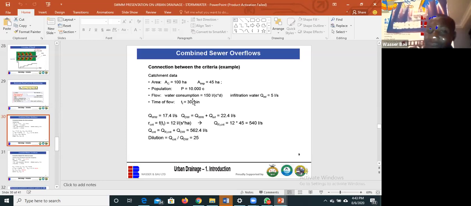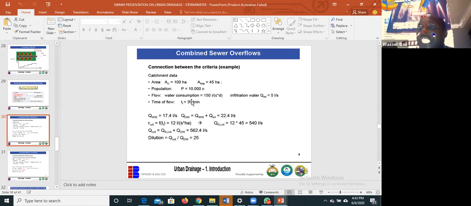In other words, if it starts raining now and water falls in front of my house, assuming I attach something to that water, how long will it take to flow into the bigger drain or the outfall? That is what we call time of flow. That time of flow is so important. That's what contributes to runoff.